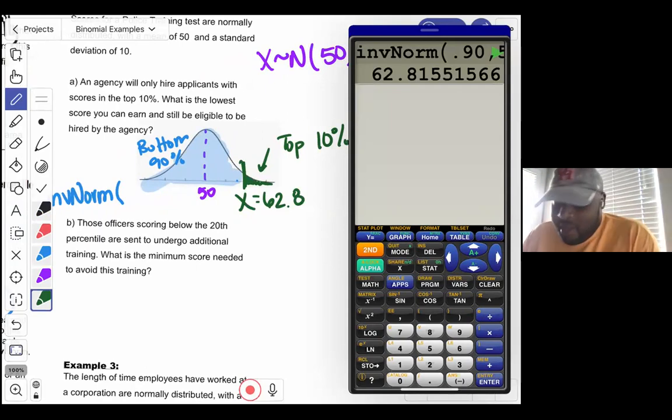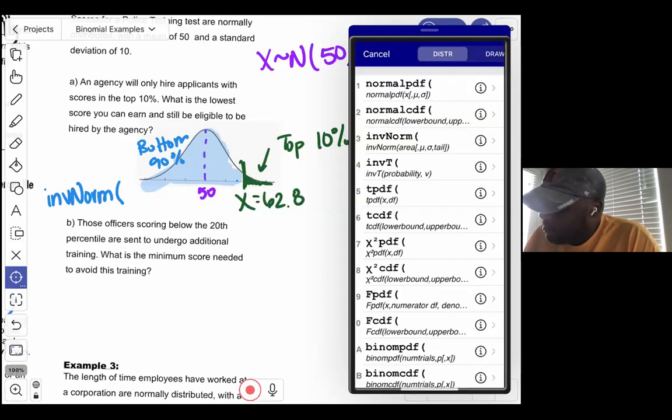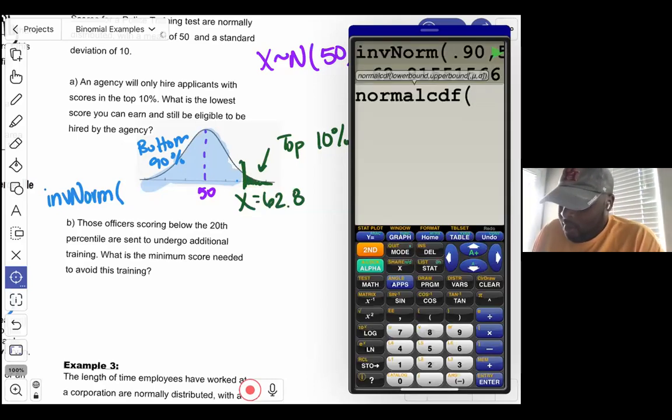And we can always verify this, that this area represents 10% by doing what we did before we got here. And what I mean by that is, well, look, if this is the cutoff point, I want to make sure that 10% of the area is up here. So to do that, I would do second bars, normal CDF. I can see that if I'm looking at this value right here, here's my lower shade, which is at 62.8.